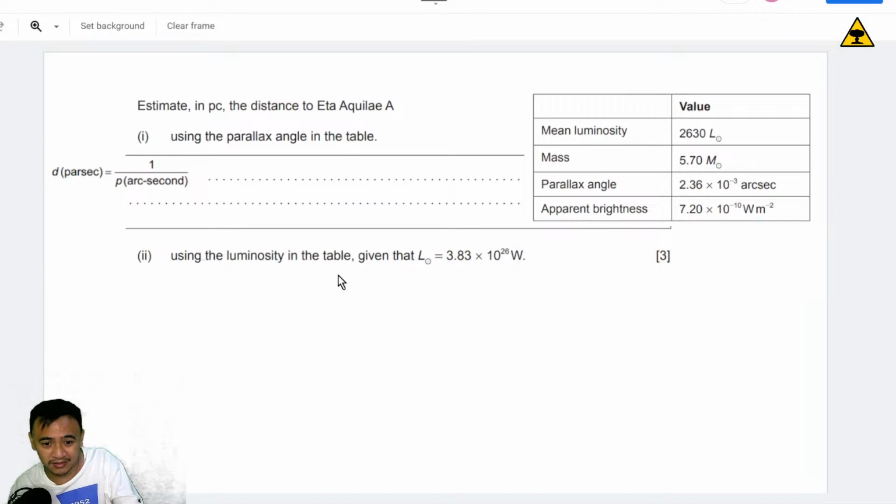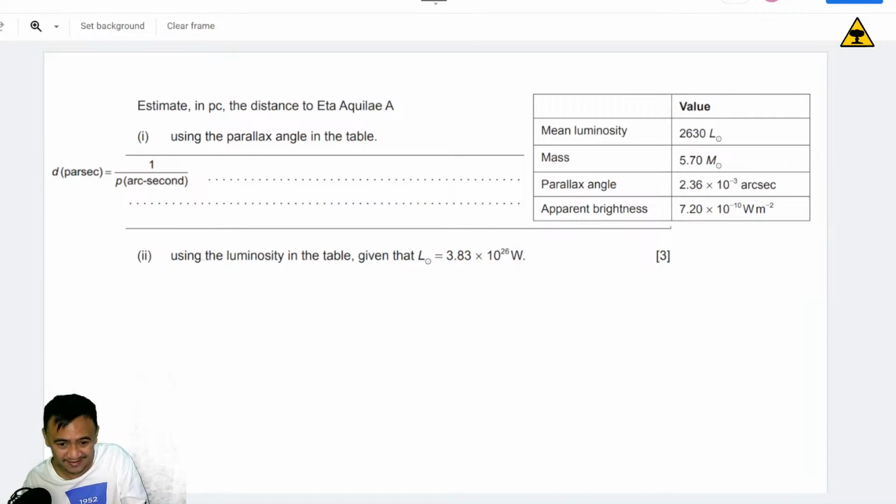Okay, I'll give you a hint. You're given the apparent brightness and you're given the luminosity, right? So what's the relationship between luminosity and brightness? We actually did this earlier, right?